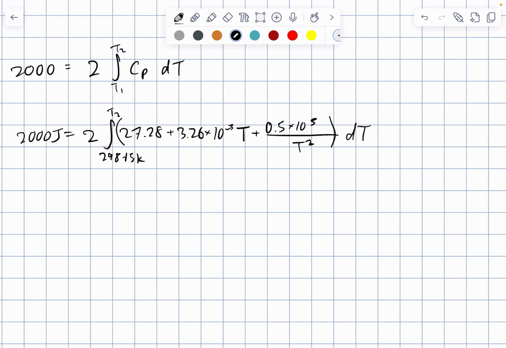Ideally, we can just simply input this in the calculator and it would solve for T2, but that's not the case. So that makes the solution much longer.